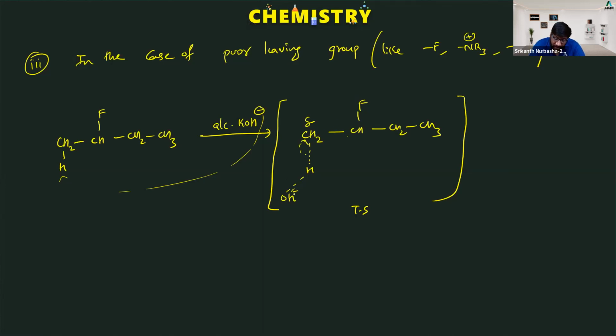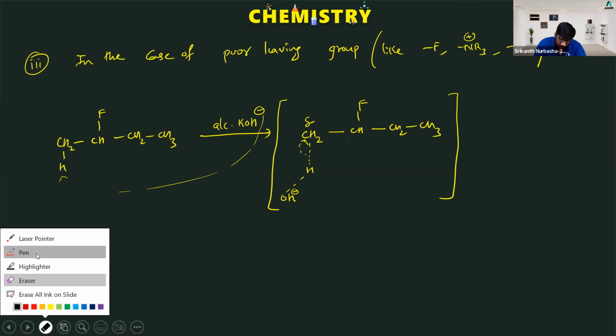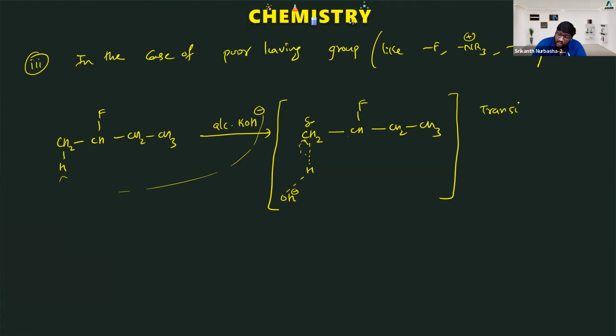So OH minus is a base which is picking up the proton, that is happening. The CH electron density is not directly given as pi electron density; rather, it is given to the carbon. So how does the transient state look? The transient state in the case of poor leaving groups looks like a carbanion, not the respective alkene. Understand this point. I have to talk only of transient states because the E2 reaction happens in a single step.